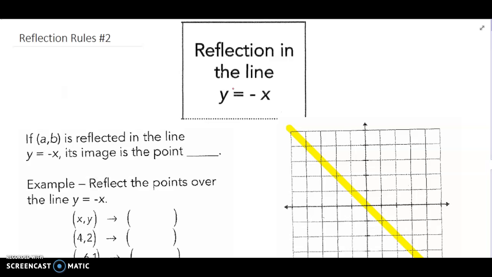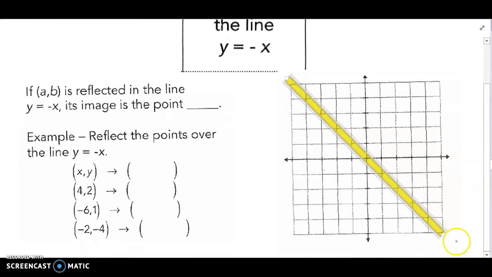All right, let's look at the flap under the line y equals negative x. Just as a reminder, as I have drawn down here, this is the line y equals negative x. So if you forgot what that looks like, please do draw it in on your paper.